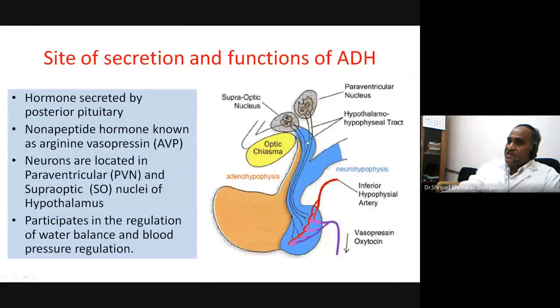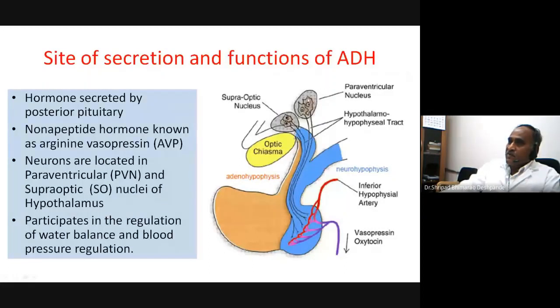So that means there is a hypothalamo-hypophysial tract. These are the fibers coming from the hypothalamus. Two nuclei of the hypothalamus participate in it: the supraoptic nucleus, this is the optic chiasma, this is the supraoptic nucleus, and the paraventricular nucleus, that is the ventricle here.